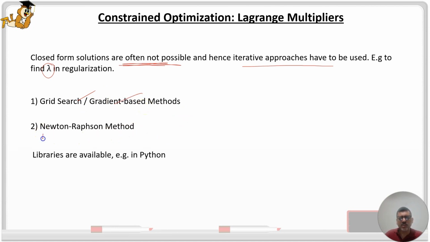There is also something called the Newton-Raphson method if you are interested in digging into this a little bit further. But for all of these, libraries are already available in Python, or in any other framework that you are using. The point I want to make is there exist numerical methods to solve constrained optimization problems.